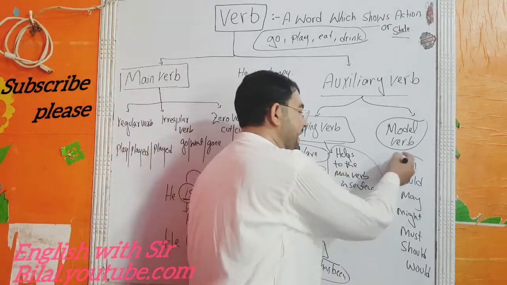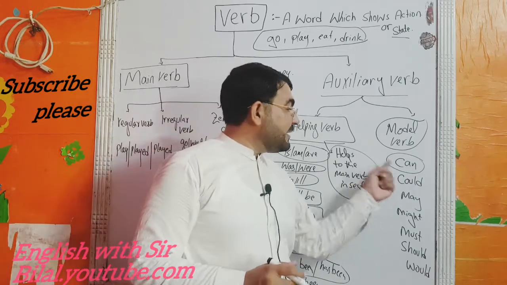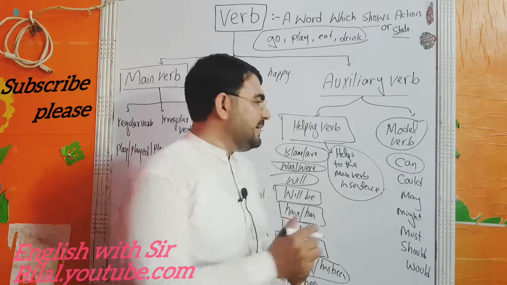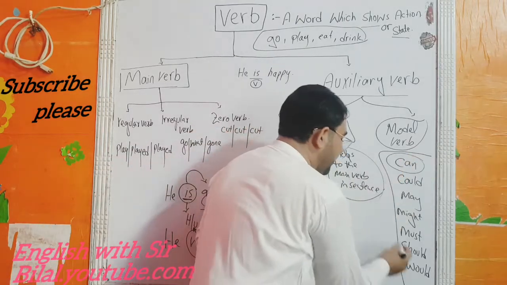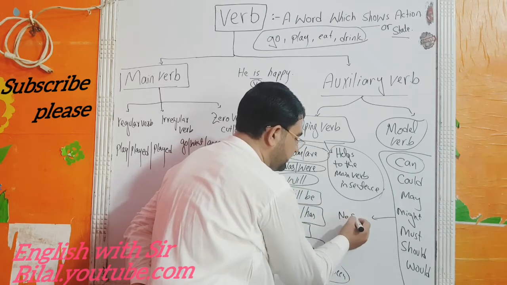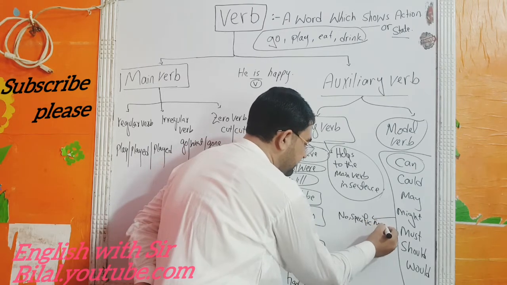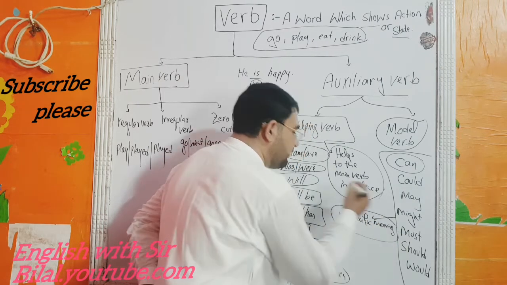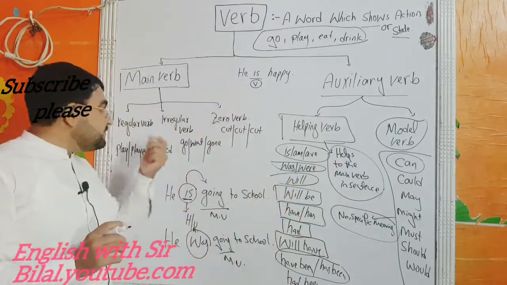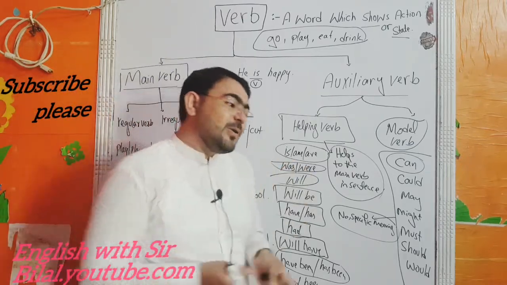The first one is can. You know that can is used for ability. Now can is also used for request. Now how will I understand that they are modal verbs? The first thing, they have no specific meaning. Specific means like eat, so eat has a specific meaning, or play has a specific meaning, go has meaning.